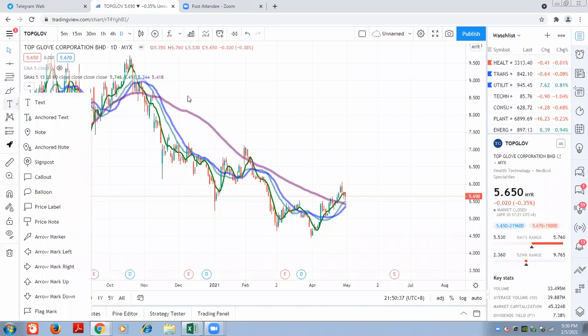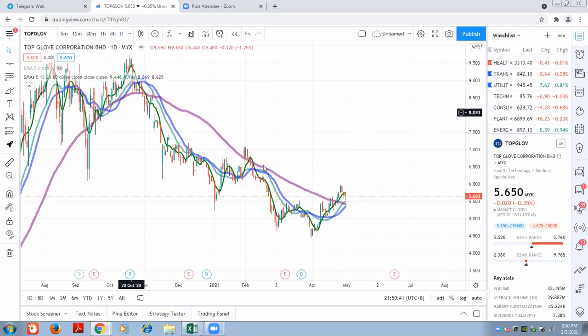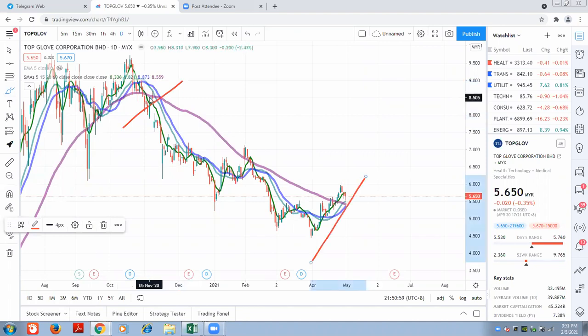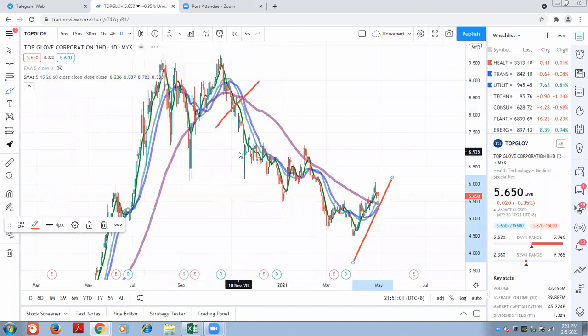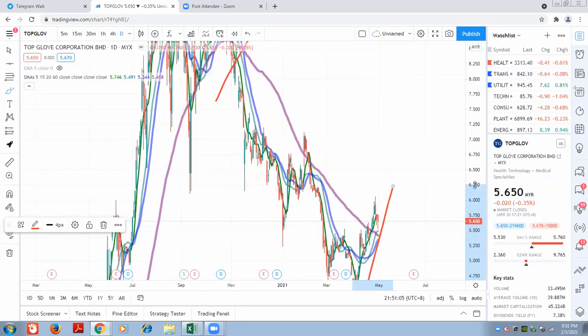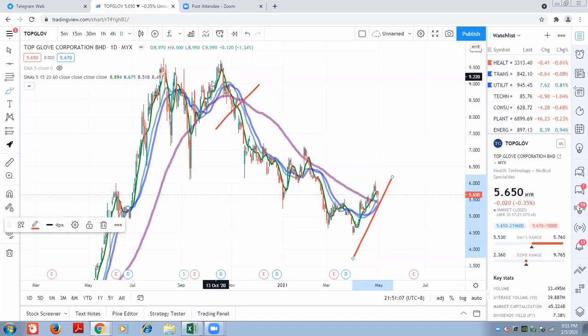MA 20 is below, MA 10 is below, MA 5 is below. This is a confirmation of bearish. When it is intersected by MA20, it is a sign of bearish.